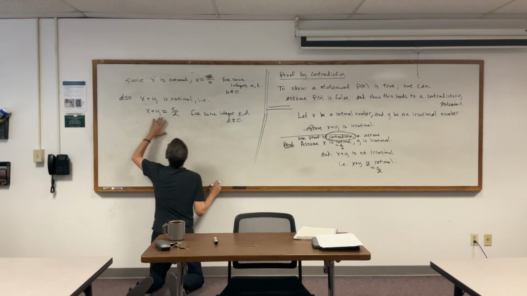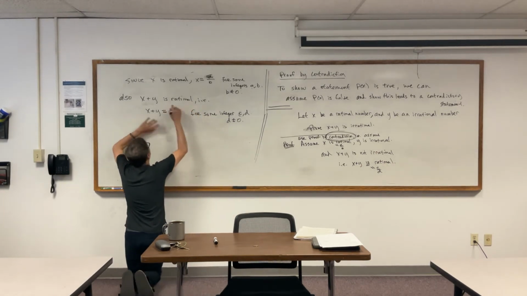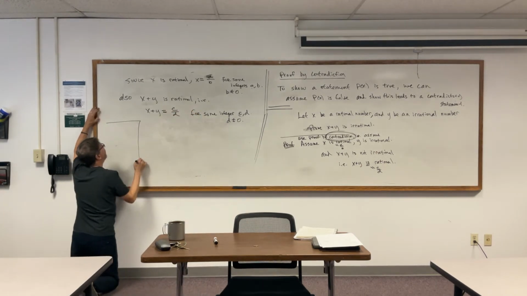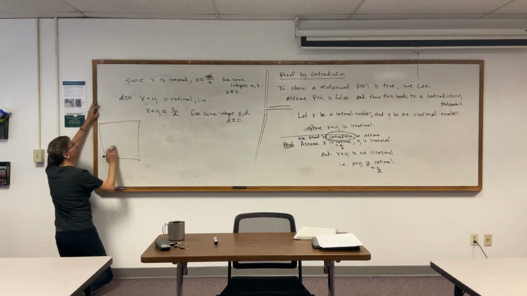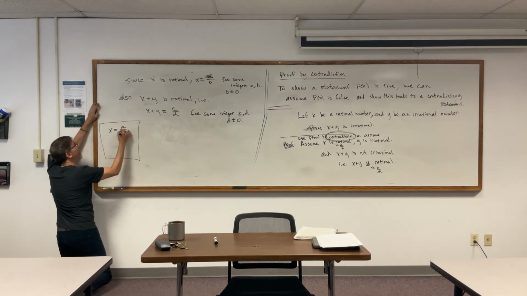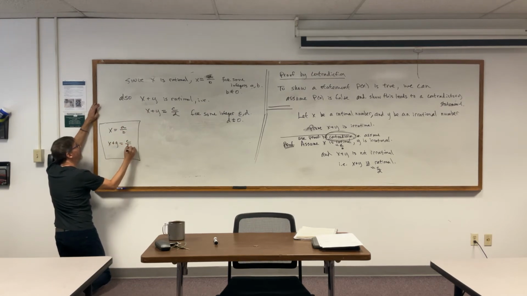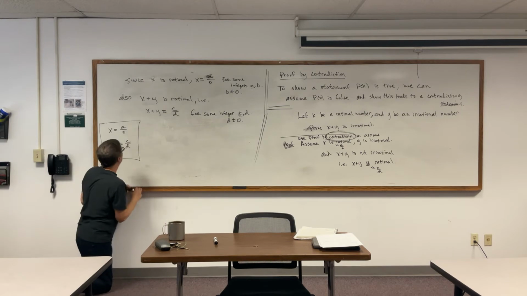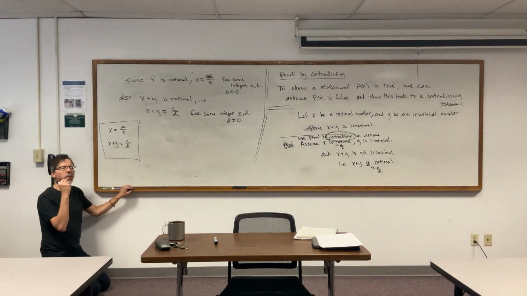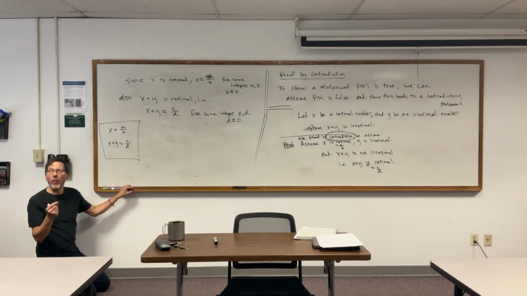Okay, so now look at what we've got. Let's put these things together and see if we can fit them into a spot in our mind. So we've got x is a fraction, and x plus y is a fraction. What can I do to figure out something about y? So now I need some information about y.